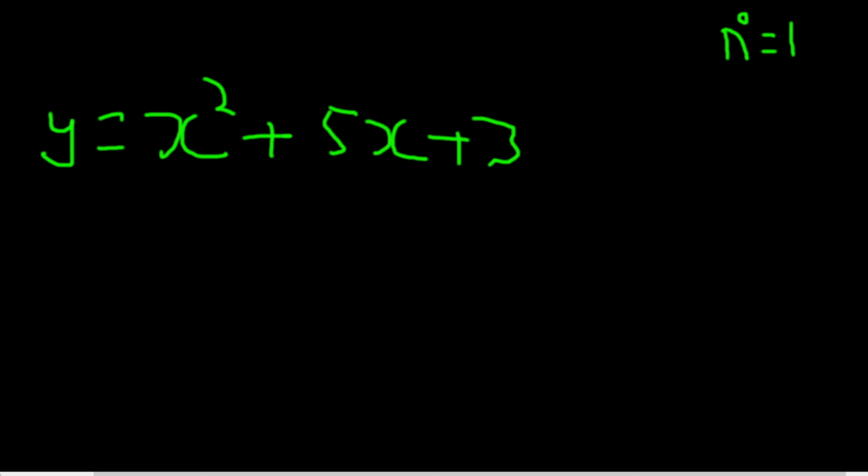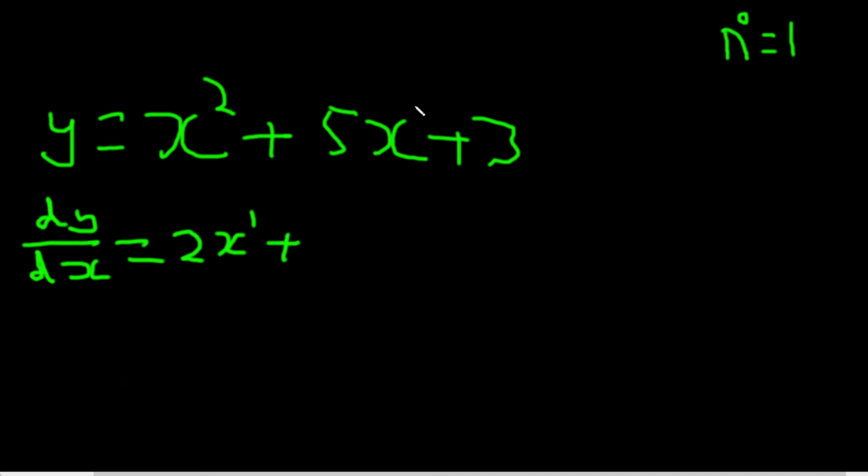So to differentiate it, let's get back to where we were. dy by dx equals: what you do is you times by the power of the variable. In this case the variable's x, so it would be 2x, and you reduce the power by 1, so it's 2x to the 1.